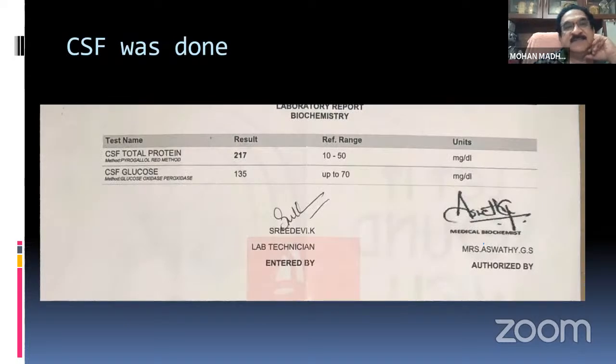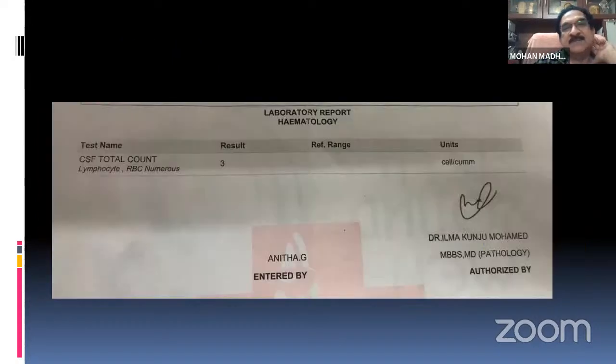So I did a CSF. CSF showed a protein of 270, but I should tell you that the patient has a radicular involvement as well. So it's not only a peripheral neuropathy, it's a radicular neuropathy. The cell count is only 3.